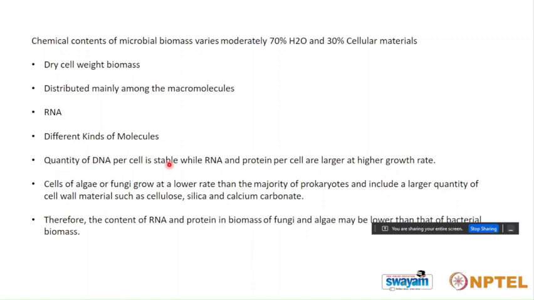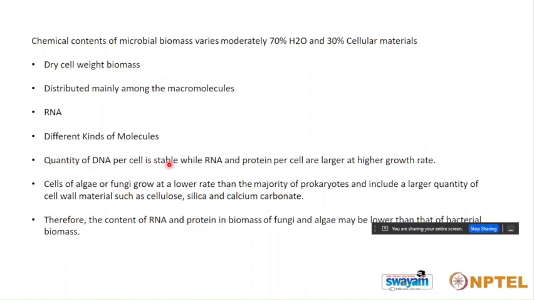This dry cell biomass will vary with respect to different organisms. How will it vary? In the case of algae and fungi, the cell growth will be very low compared to the prokaryotes. These cells, especially algae and fungi, will have cell wall materials and other inorganic materials as dry cell weight.